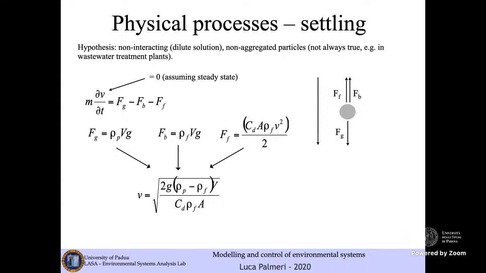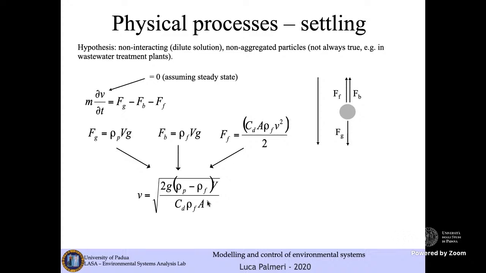So the settling velocity is equal to the square root of 2 times the gravitational acceleration multiplied by the difference between the density of the particle and the density of the fluid, multiplied by the volume of the particle. All these quantities are divided by the drag coefficient, the density of the fluid, and A, in this case the section of the particle opposed to the movement.